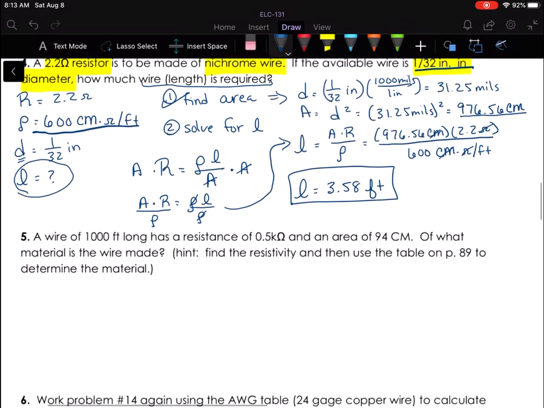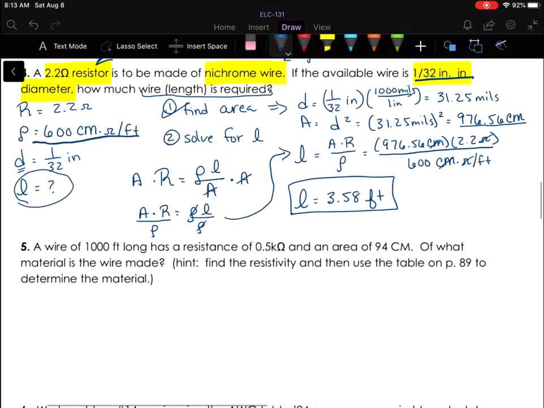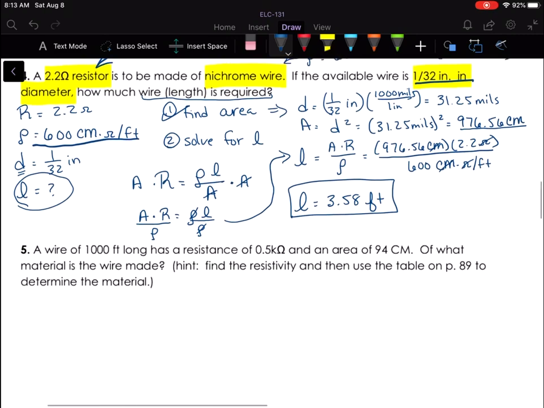All right, so let's look at our next problem here. A wire is 1,000 feet long, has a resistance of 0.5 K ohms, remember that's thousands, and an area of 94 circular mils. What material is the wire made of?